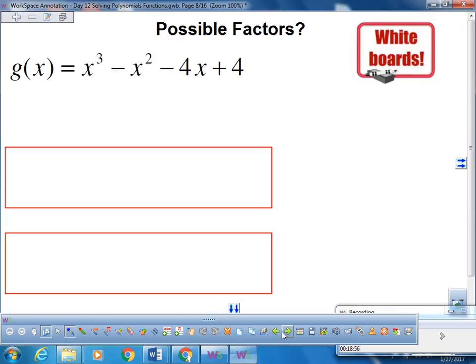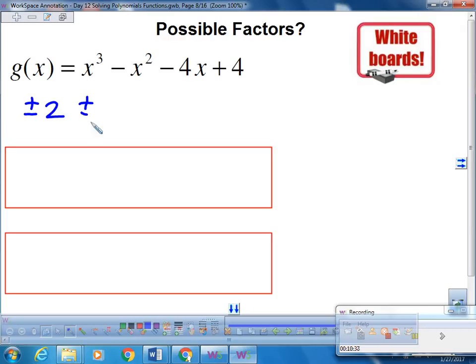What zeros would you try based on the fact that you could try plus or minus 2, right? You could try positive 2, you could try negative 2. What else could you try? You could try positive or negative 4. What else could you try?